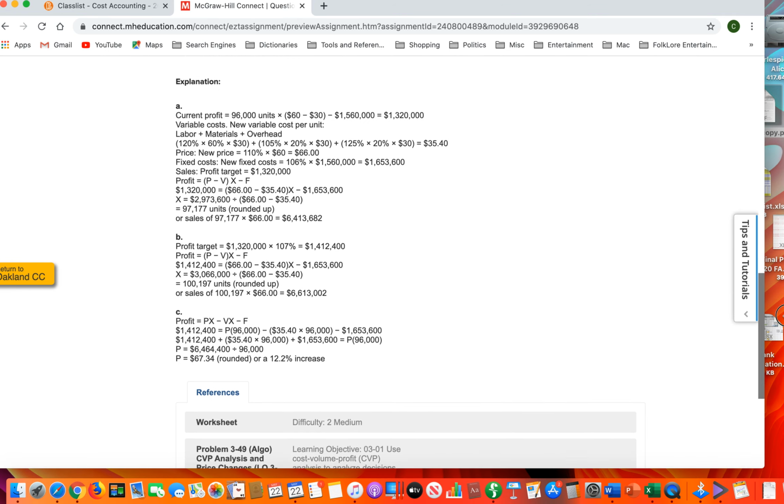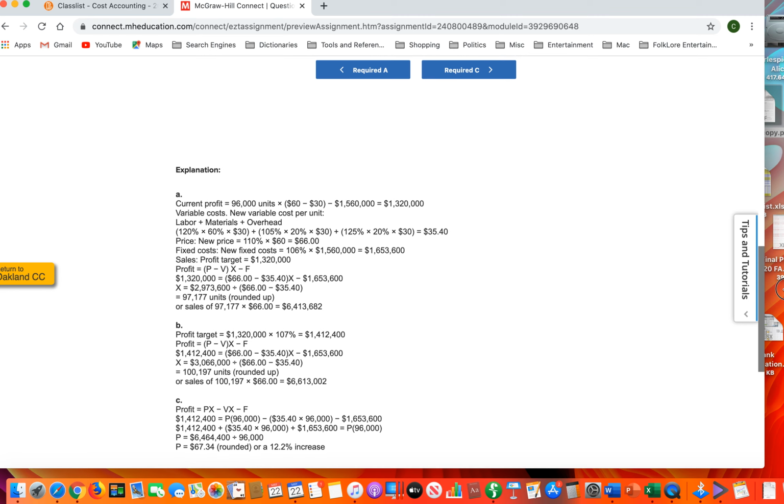They got $67.34. And again, folks, if you come this close, then I won't mark it wrong. But the point I want to make is that if you know the sales volume you need to have, and you can only sell 96,000 units, divide one by the other.